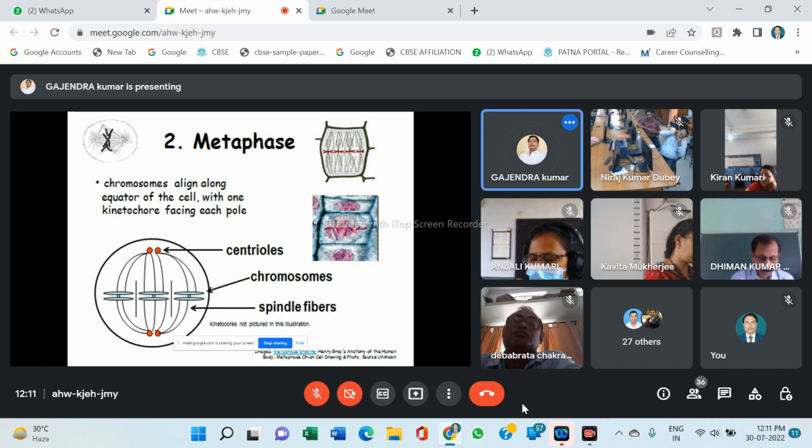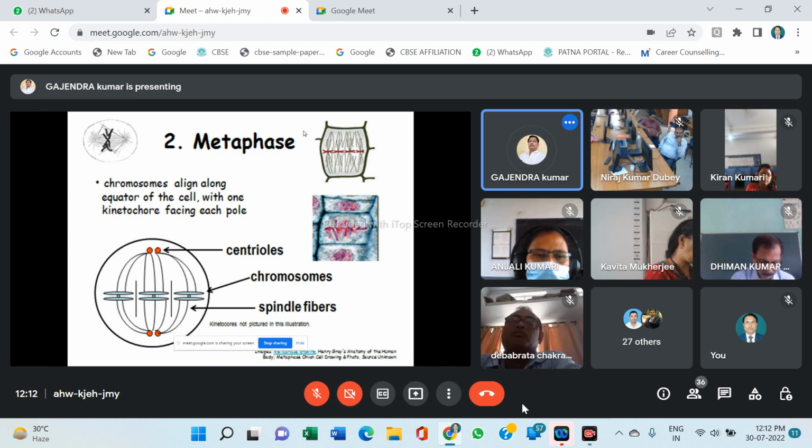When prophase ends, metaphase starts, the spindle fiber or mitotic fiber are clearly visible. We can also find that mitotic fiber or spindle fiber attaches the chromosomes, and the chromosomes are attached at the equatorial plane. Means from both the poles, spindle fiber is observed and chromosomes are attached or arranged at the equatorial plane or at the center.